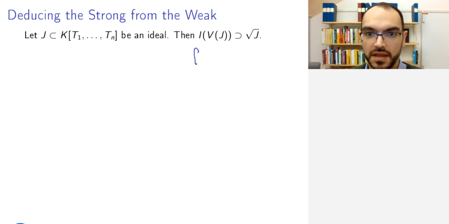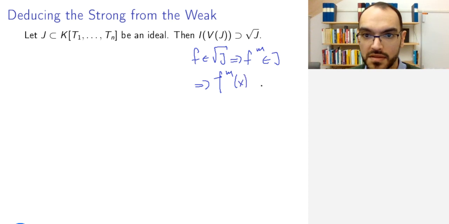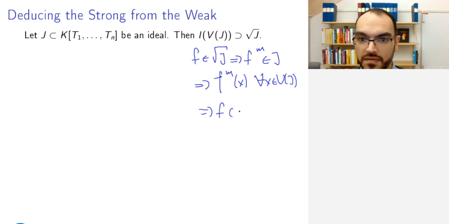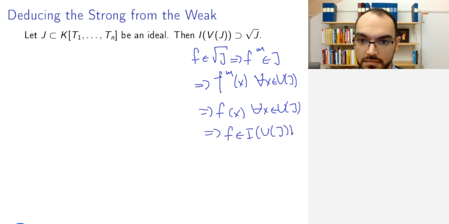If you have f in the radical, this implies that f to the m, for some number m, is in J. This implies that f to the m vanishes on V of J. So f vanishes on V of J, and so f is in I of V of J.